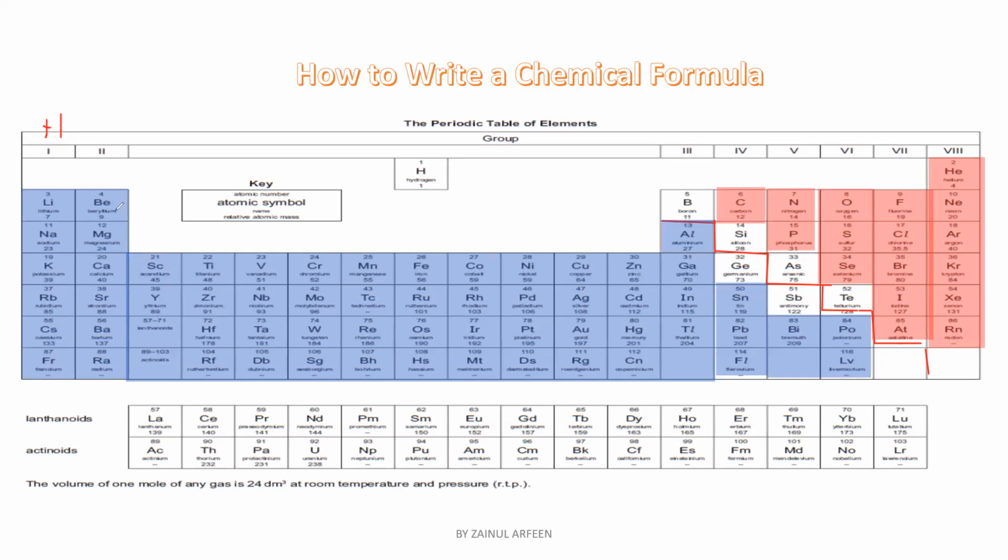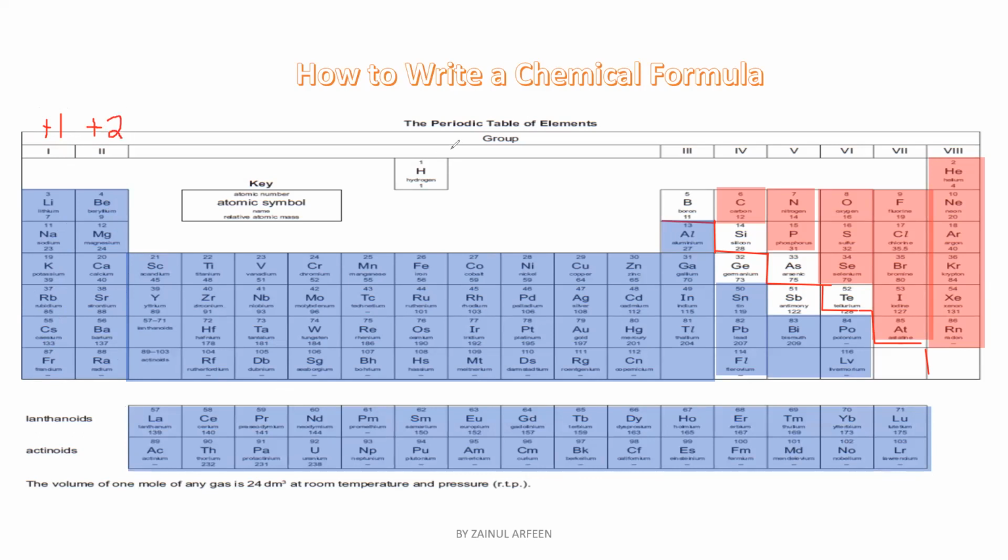What about group 2? Group 2, beryllium, magnesium, calcium, strontium, barium, and radium, they belong to group 2, so they tend to lose 2 electrons. As they tend to lose 2 electrons, what will be the valency of group 2? Valency of group 2 is plus 2. And what about valency of group 3 elements, group 3 metals? That is plus 3.